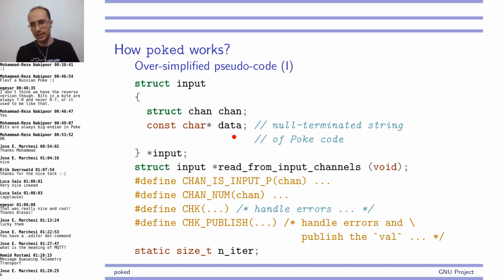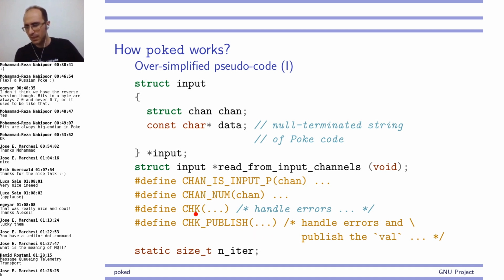And we have the data that the client wrote to the channel. Here we don't know which client gave us this; it's not important. We just do the compilation. We can define two accessor macros: chan input, to define whether it is input or output, and chan num, to give the actual number of the channel.